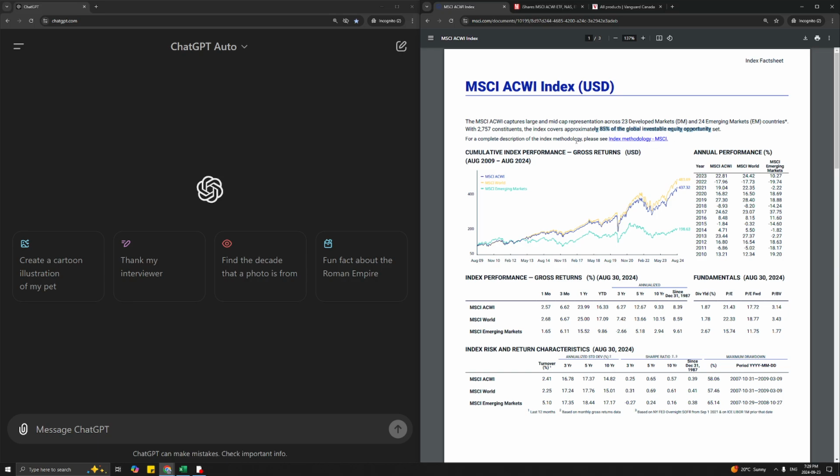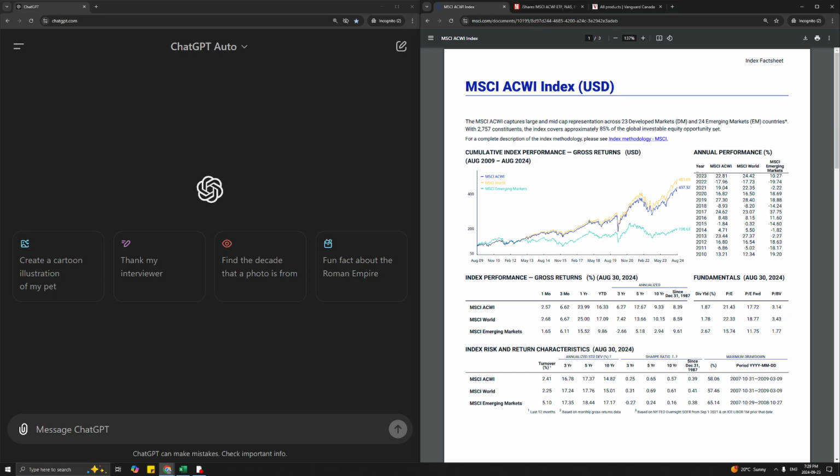So what that means is basically all of the investable equity in the world. So anything that you could buy stock in pretty much is considered within this portfolio. So you're basically investing in Earth with this fund.